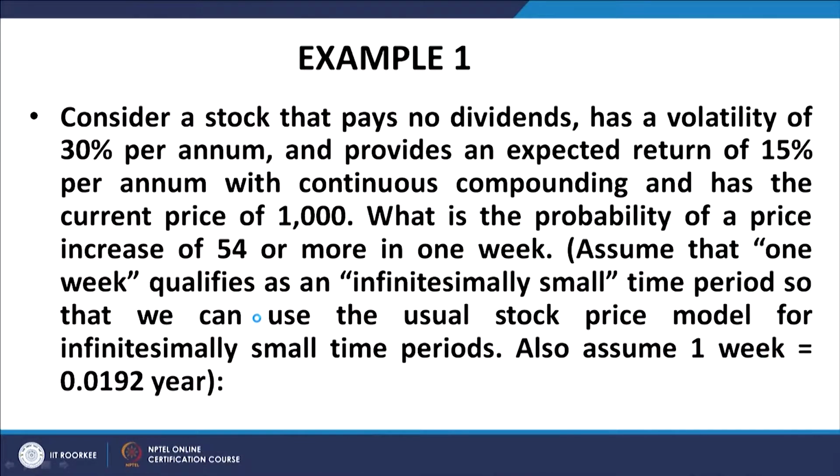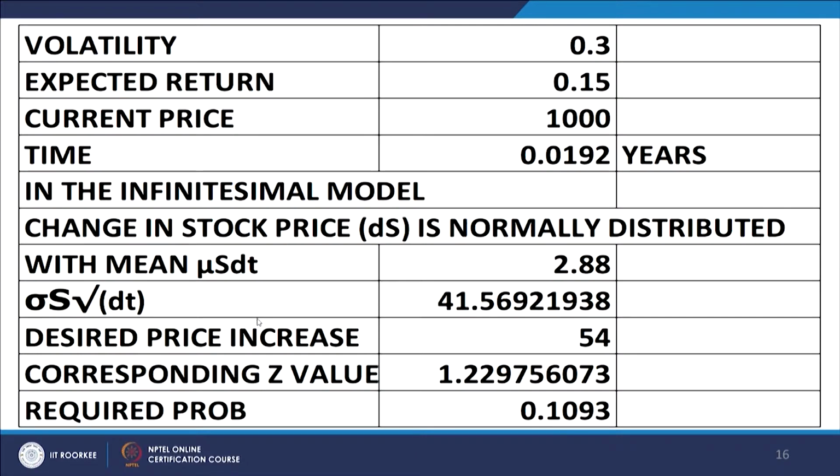Mu is equal to 15%, sigma is equal to 30%, S naught is equal to 1000 and the increase in price is 54. So, we want to work out the probability of the stock price reaching 1054 at the end of 1 week from now. The solution: volatility is given by this sigma, and this is mu, and this is S naught, and this is T. So, in the infinitesimal model, the change in stock price dS is normally distributed with the mean of mu S dt.